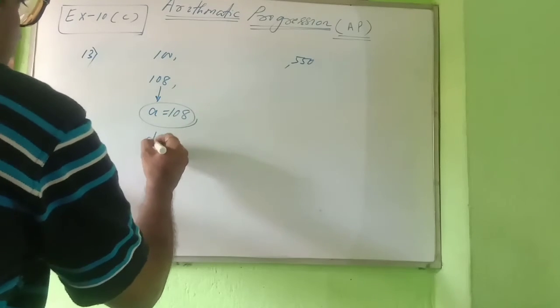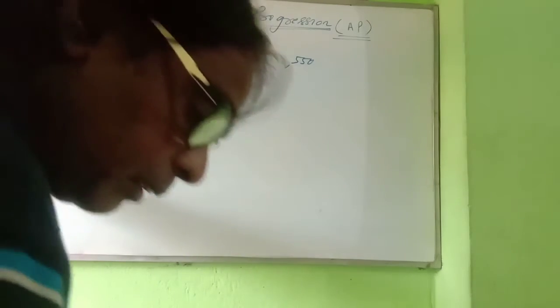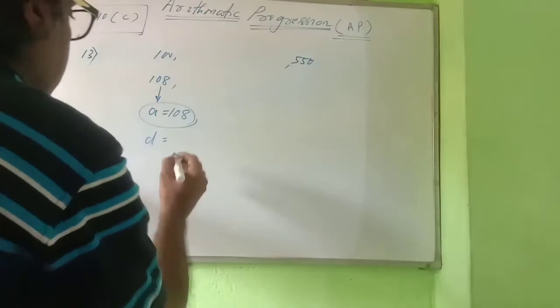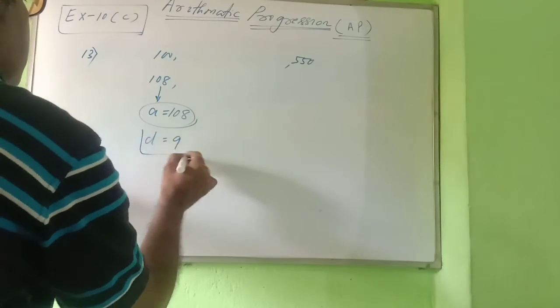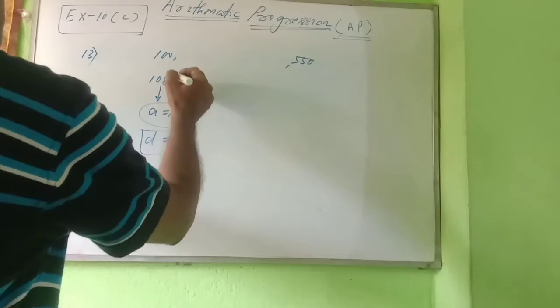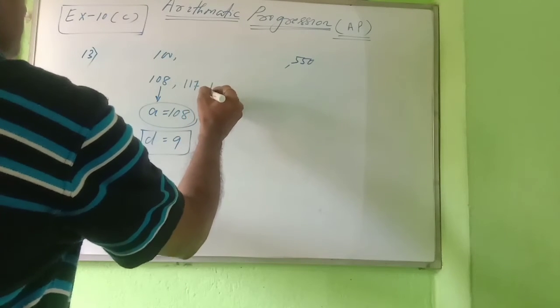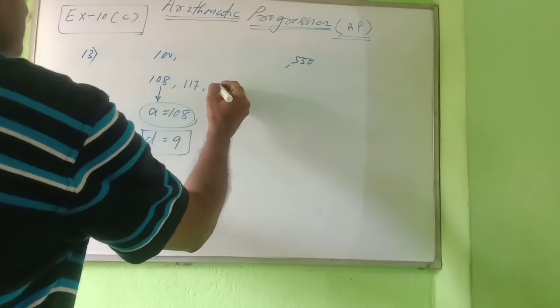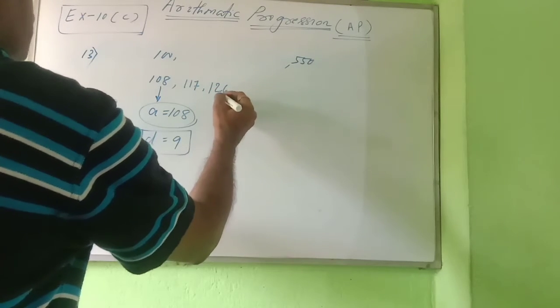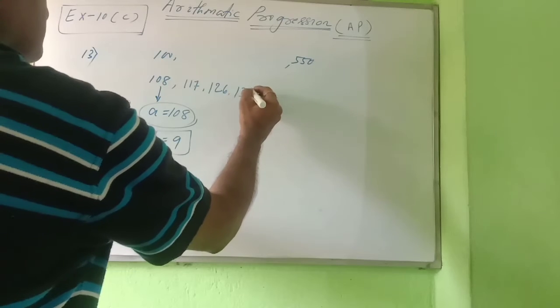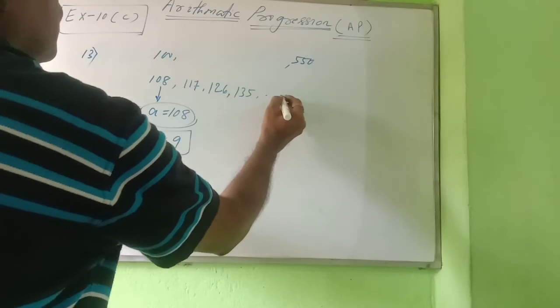And common difference you will get how much? As it is given divisible by 9, that means D will be 9. After getting the values of A and D, 108, then it will be 117. Then 117 plus 9, 126. 126 plus 9, 135. It will continue up to the last.